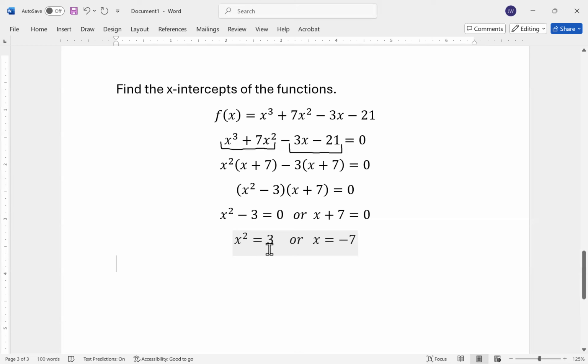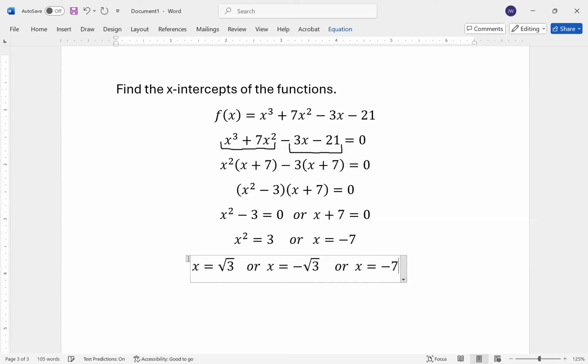So this first equation becomes x is equal to the positive square root of 3, or x is equal to the negative of the square root of 3. And then the second equation is just solved. It's x equals -7.